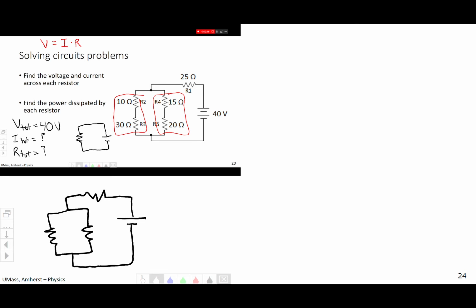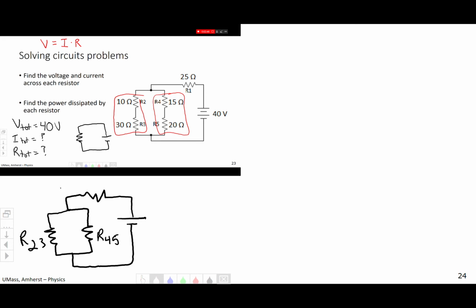So that means that we are going to be putting together R2 and R3 into this resistor, and we are going to be combining 4 and 5 into this resistor, okay? So that's what we're going to do. So we are going to call this R23, and this is going to be R45.